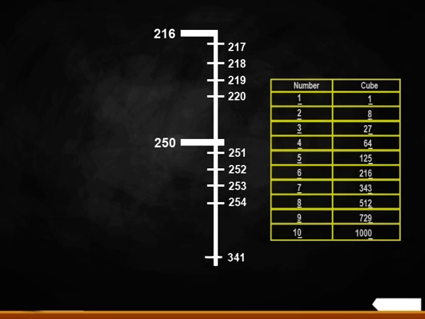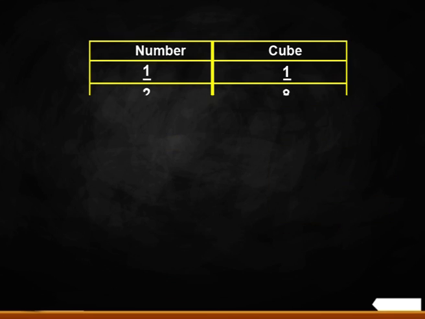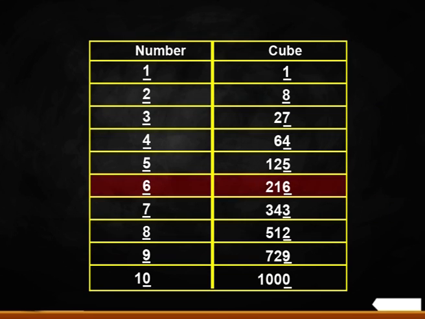And from the table, we find that 250 lies between 216 and 343. 216 is the cube of 6. 343 is the cube of 7.